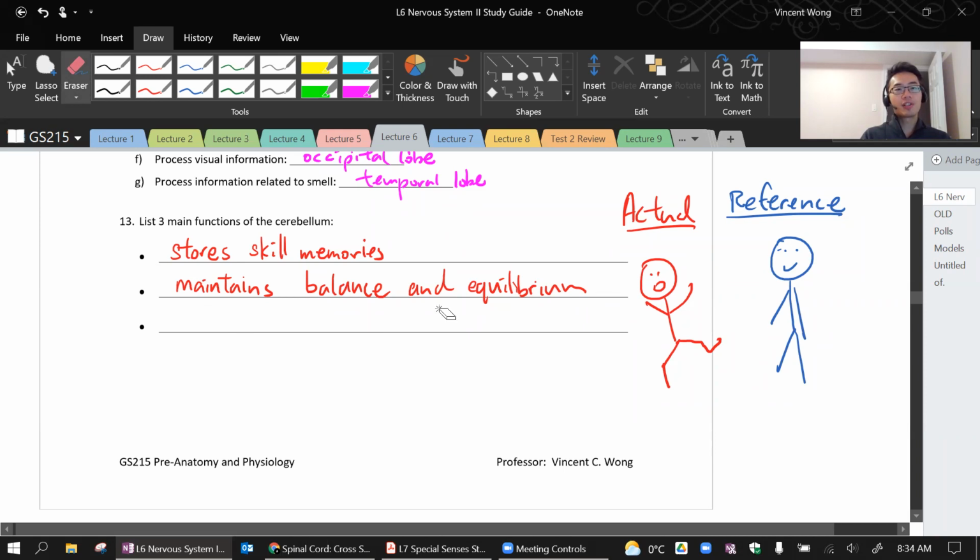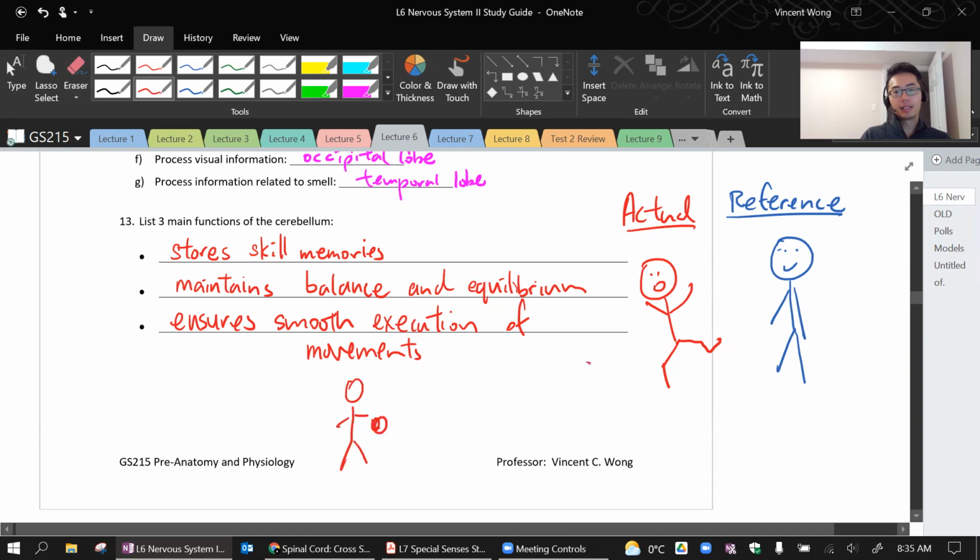Next one, the last function of the cerebellum is that it ensures smooth execution of movements. Okay, so think about someone having a basketball, and then the basketball net is here.